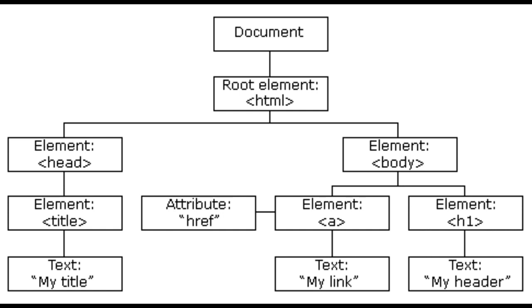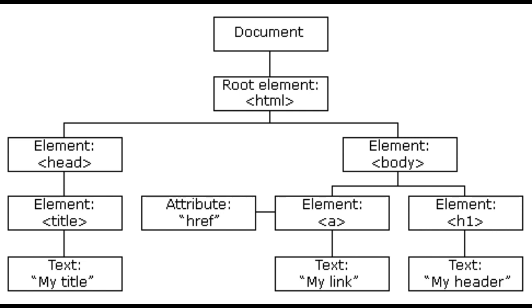So, in this image, the document represents the window or the browser in which the page is being displayed. Then it has the root element, which is the page that is currently being viewed. If you are not aware of the HTML elements, take a look at the HTML for Beginners series.